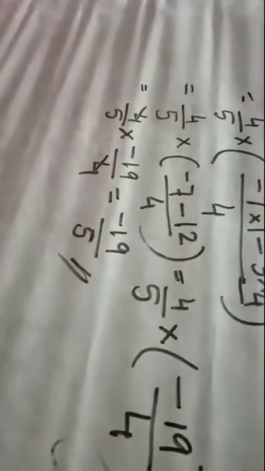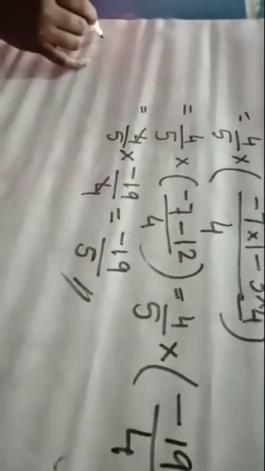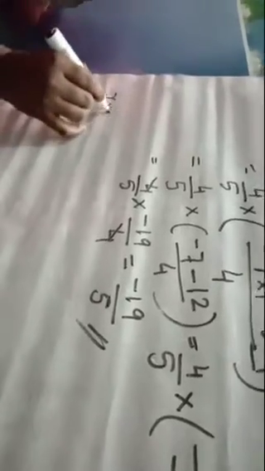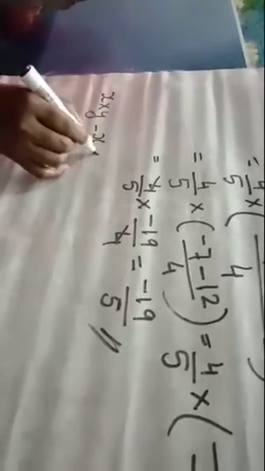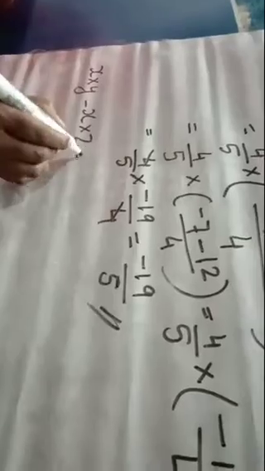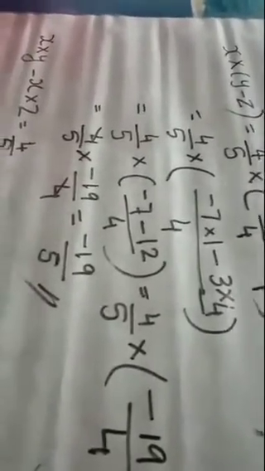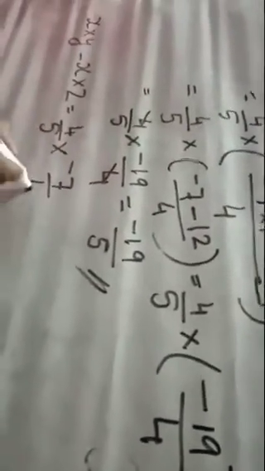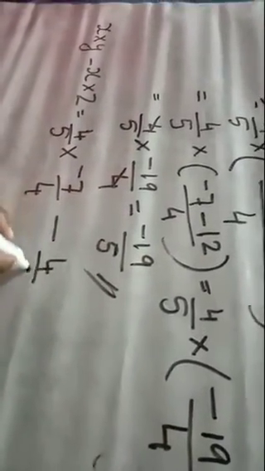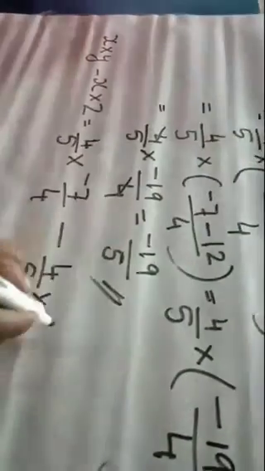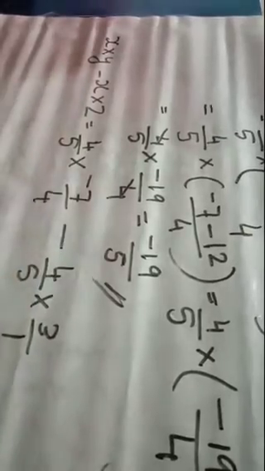Negative 19 by 5. Now check distributivity. x into y minus x into z equal to x into y minus z. Our x is 4 by 5, y is minus 7 by 4, minus x, 4 by 5, z is 3, 3 means 3 by 1.